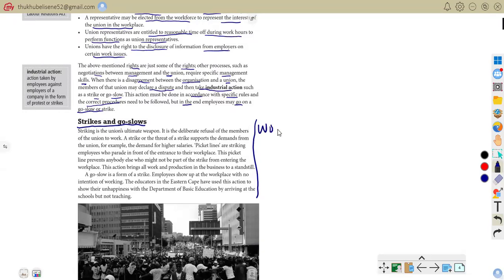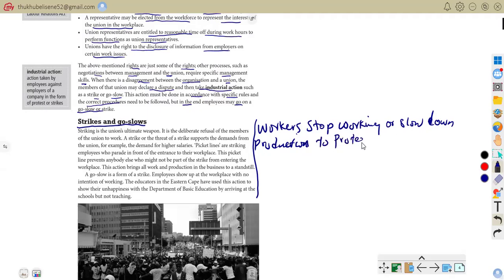That is where workers stop working, or slow down production, to protest the conditions.